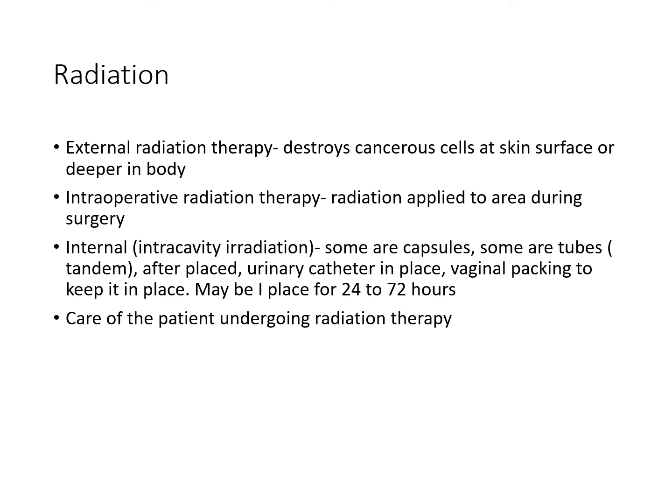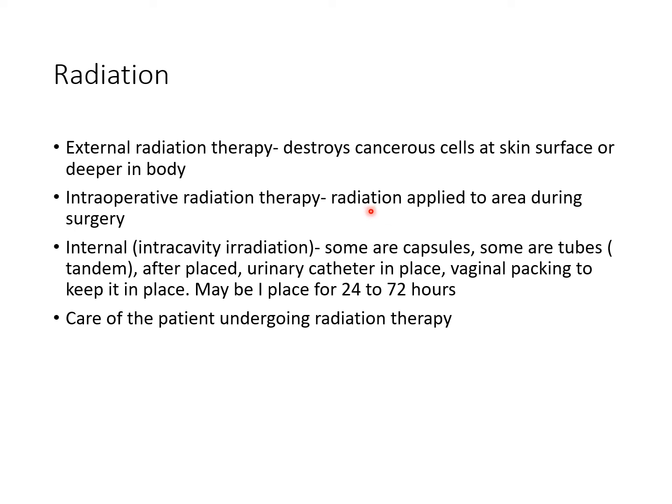Radiation, we've talked about previously as well, and we've discussed the different types of radiation, external versus internal types. And then there's also something known as an intraoperative radiation therapy. So here all they're doing is they're applying radiation to the area during surgery.